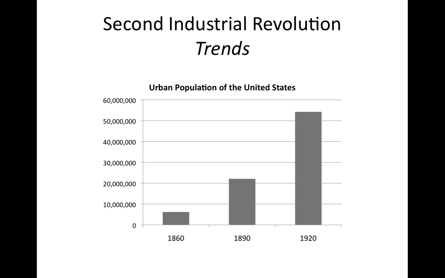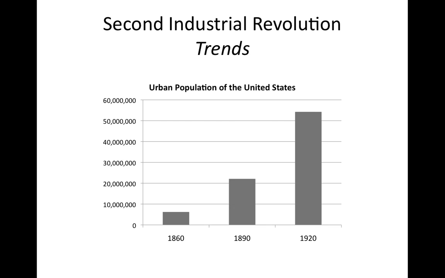And then finally, you'll notice that the population of the American cities also sees a gigantic transformation during this time period. In 1860, fewer than 5 million or so people lived in cities. By 1890, more than 20 million people lived in cities.